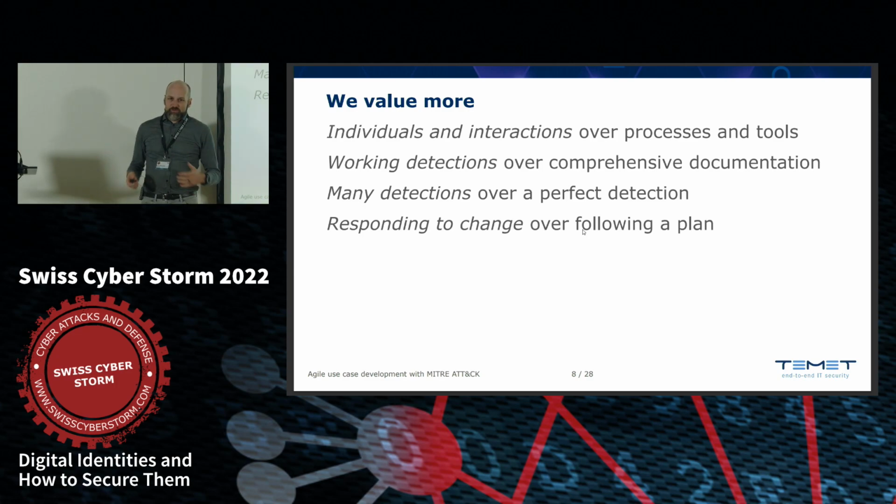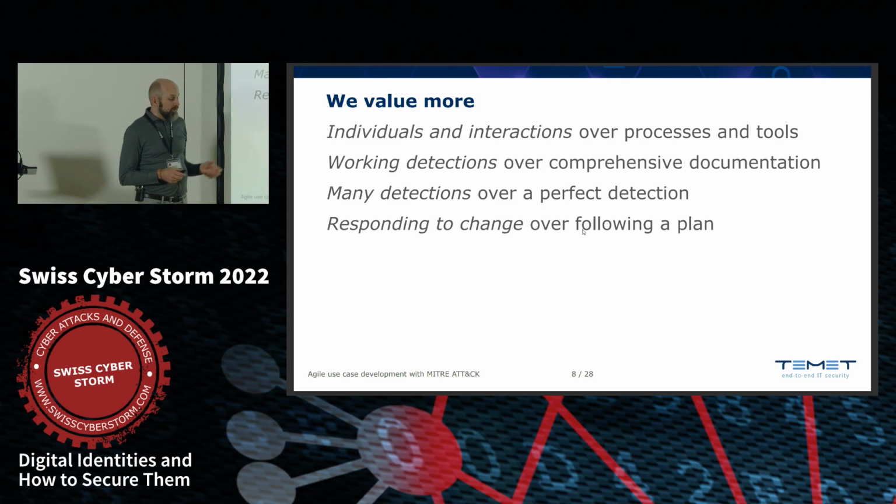They have their lists of 100 use cases, sometimes with extensive descriptions of what they plan to do. But they don't have so many actually working, implemented detections in their systems. If you ask them which detections are really working, it's oftentimes a lot less than what was documented. So working detection should always be the priority.